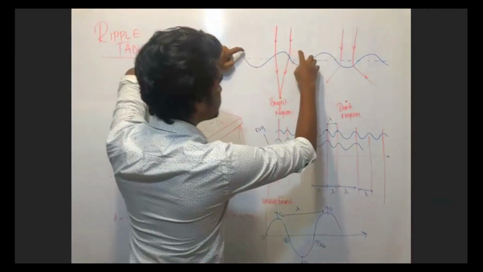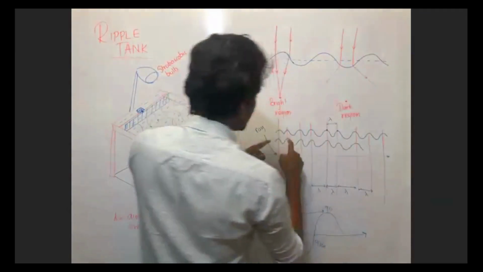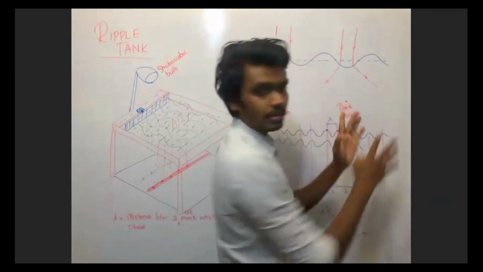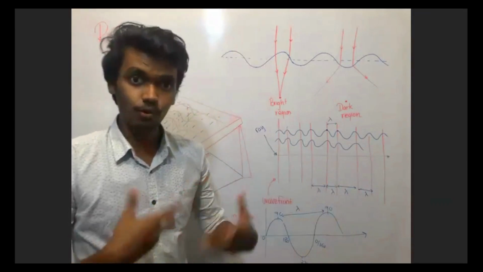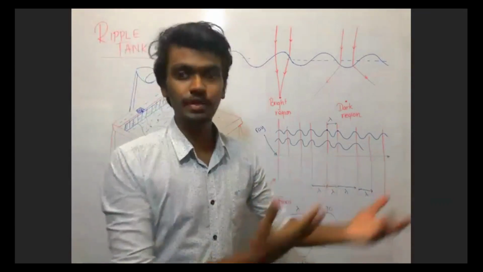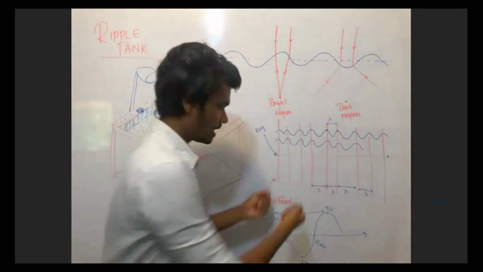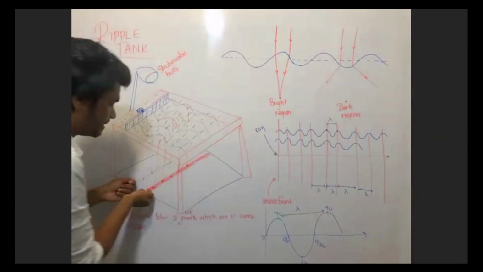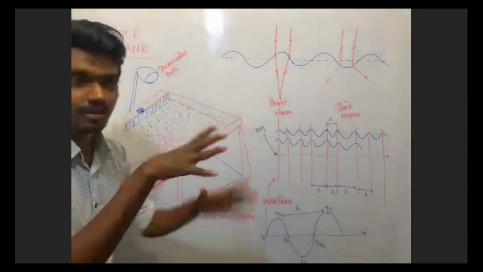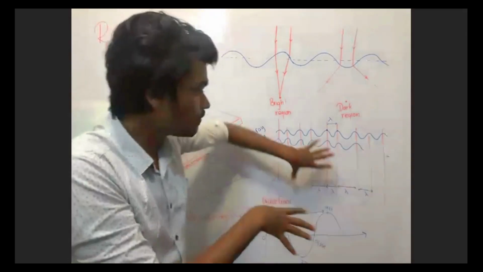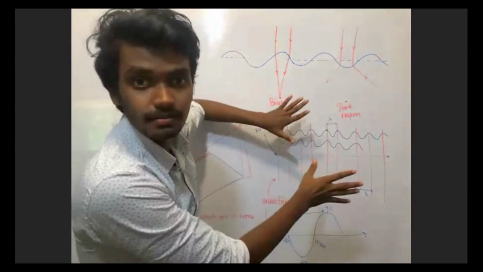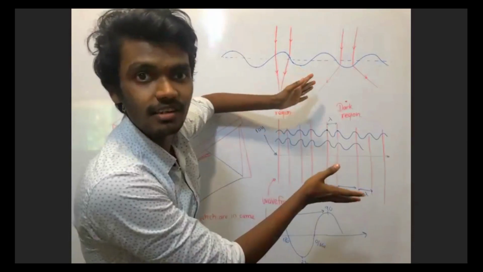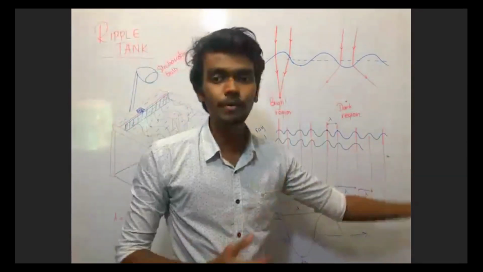If the crests are moving forward, this bright region should also move forward. It's moving forward with a higher speed, so you can't go and place a ruler and then measure. This pattern is not going to be still on the screen. It's going to propagate forward.